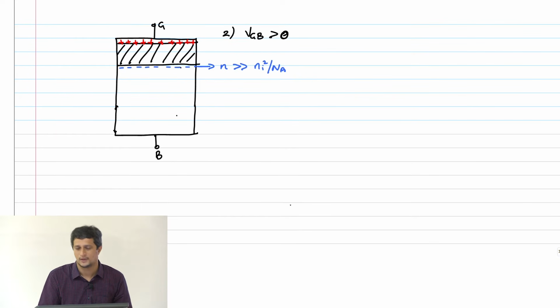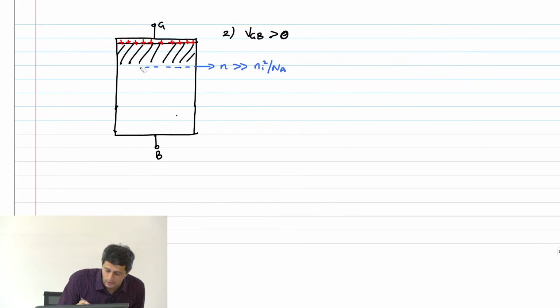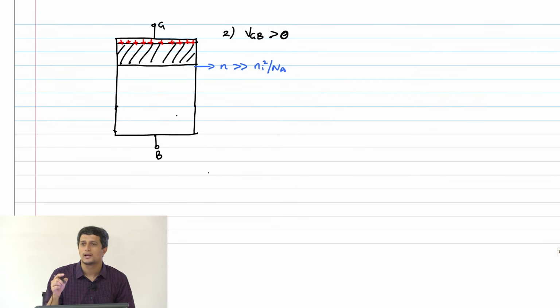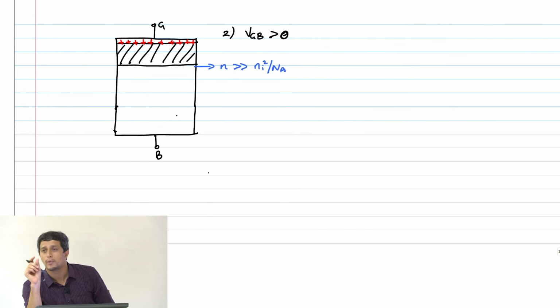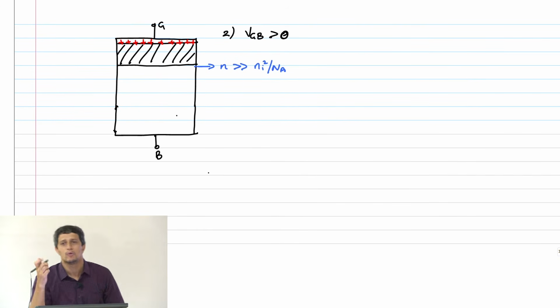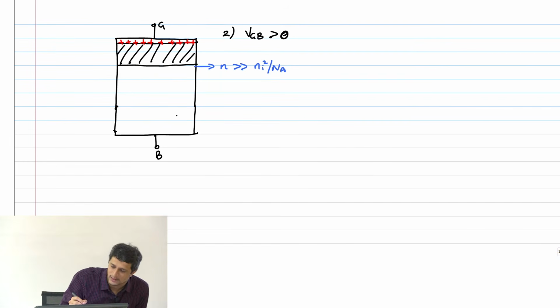So what do you mean by repelling the holes? It means that I am going to create immobile negative charges in the P substrate. If the boron gives away a hole, then the boron atom becomes negative and it becomes an immobile charge. So I start creating negative immobile charges first.